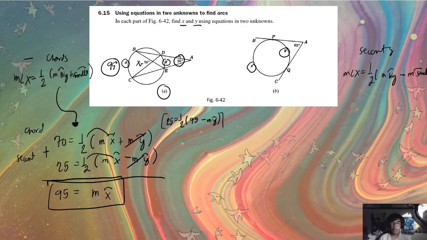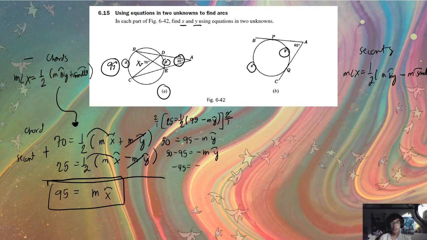Multiplying both sides by 2 over 1, so that the denominator 2 gets cancelled, this gives us 50 is equal to 95 minus the measurement of arc y. So 50 minus 95 is equal to negative measurement of arc y.